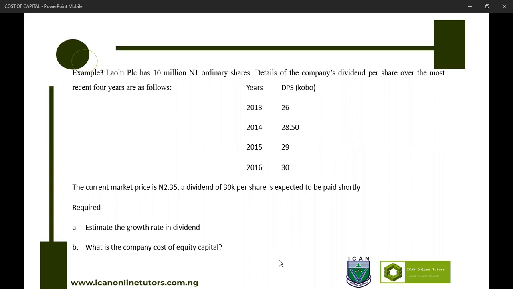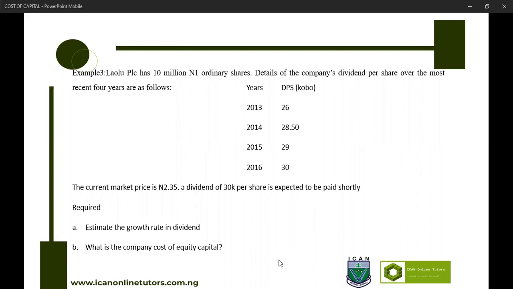In that case, the examiner expects us to determine the growth before we determine the cost of equity. And how can we know if there is growth in dividend? When you have a historical dividend and the current dividend, that means there is an element of growth in dividend.